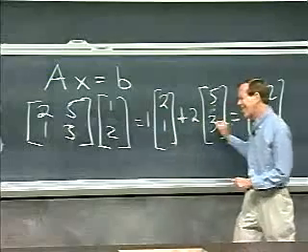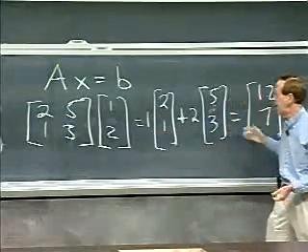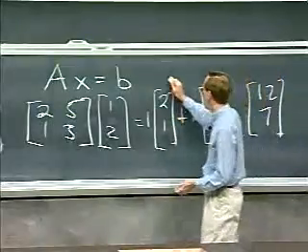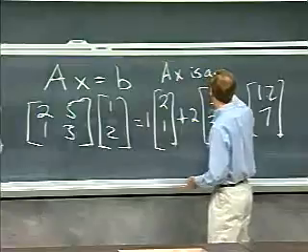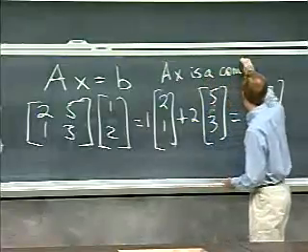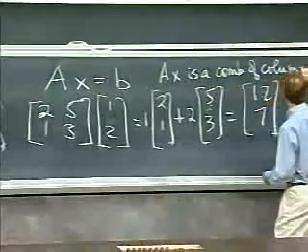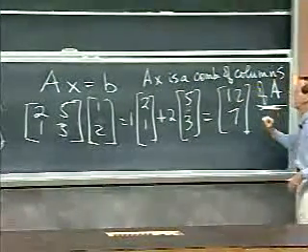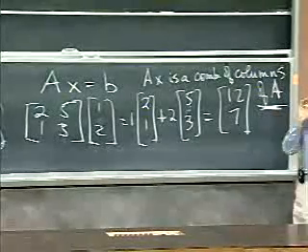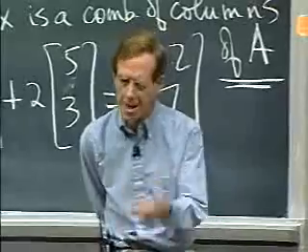But I also like to see it by columns. I see this as a linear combination of the columns. So here's my point. A times X is a combination of the columns of A. That's how I hope you'll think of A times X when we need it.